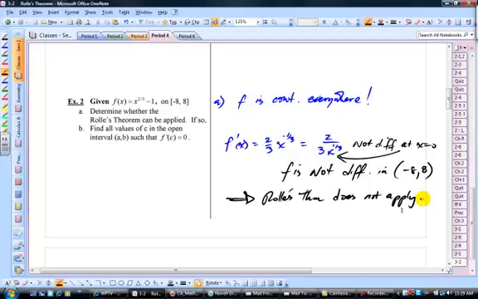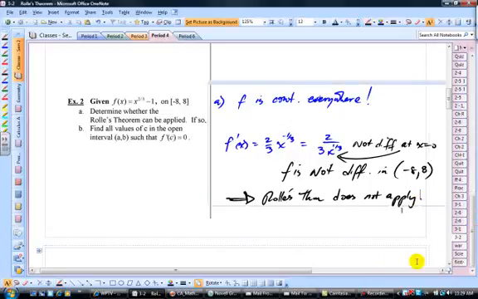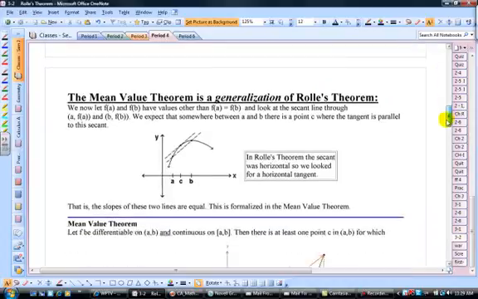If I change the interval to, let's say, 2 to 8, could we apply Rolle's theorem? Yeah, I agree with you. Why is that? After 0. Yeah, it does. From 2 to 8 does not contain the cusp, or the point of non-differentiability. Okay? Who's with me so far? Okay. Now, let's go to the next page.